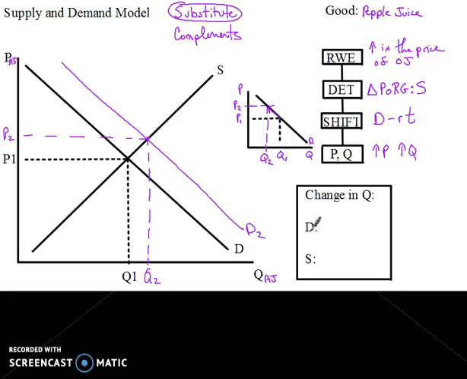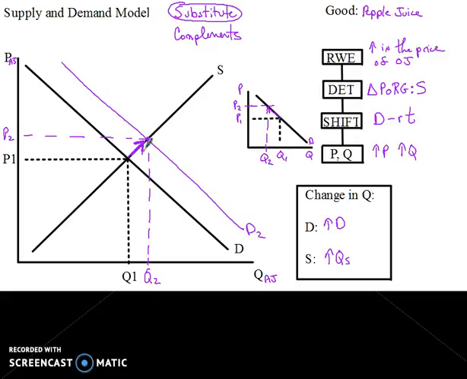On the demand side, in the apple juice market, that would be an increase in demand. The demand curve shifted to the right. And it would be an increase in quantity supplied because we moved along the supply curve. So that was an increase in quantity supplied. Okay? So this is a change in the price of related goods: substitute.